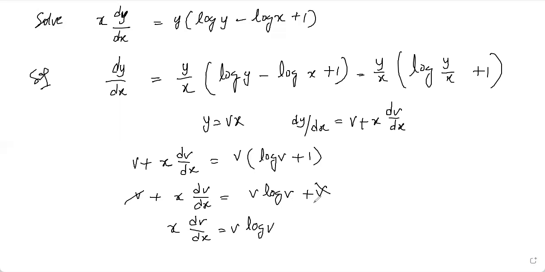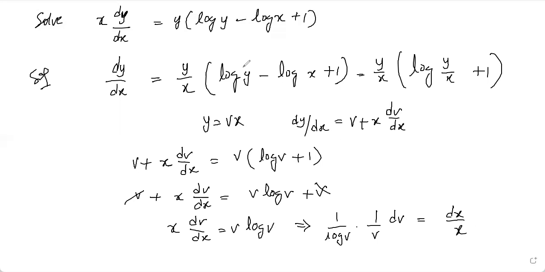Bringing x terms and v terms to one side, 1 by log v into 1 by v dv is equal to dx by x.